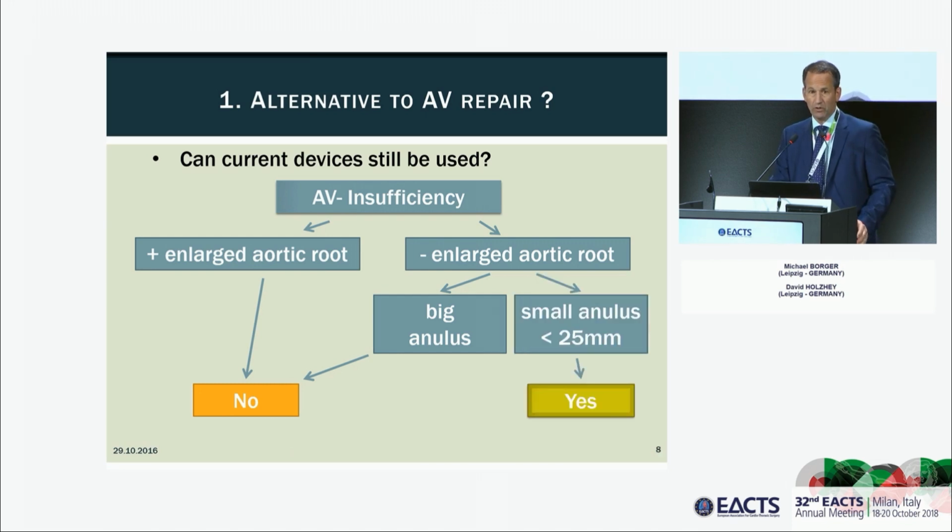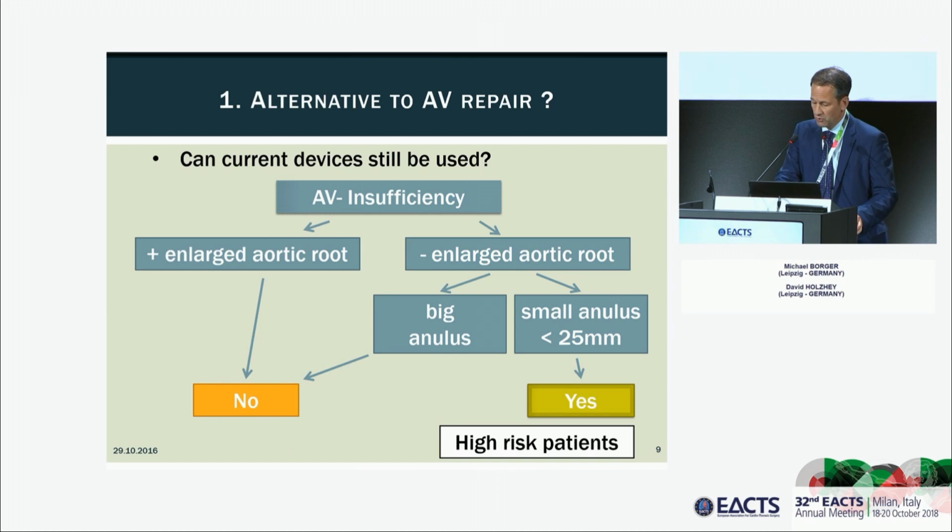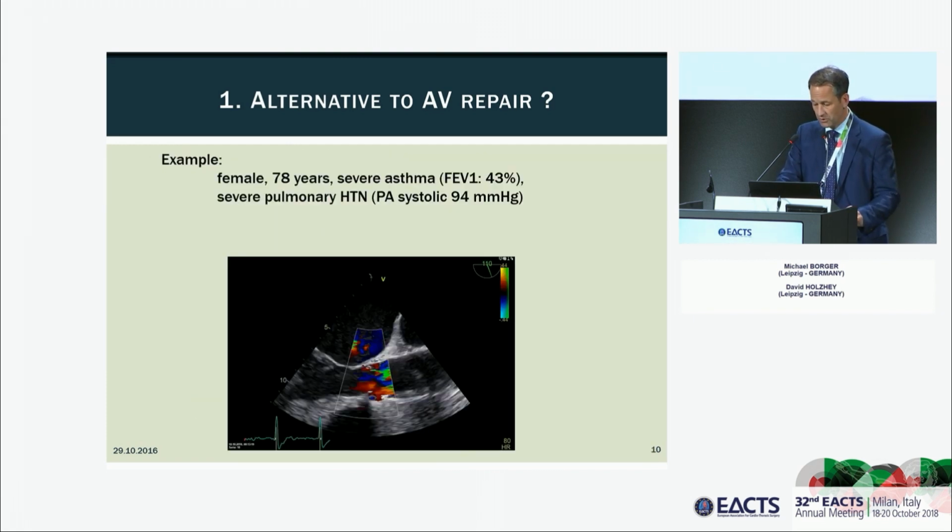If it's more than 25 millimeters, there are no current sufficient devices that can be used without excessive risk of embolization. If it's less than 25 millimeters, then we could use one of these devices, but obviously only in high-risk patients. And as we know, patients presenting with pure AI tend to be younger, and therefore this is a very small group that we're talking about.